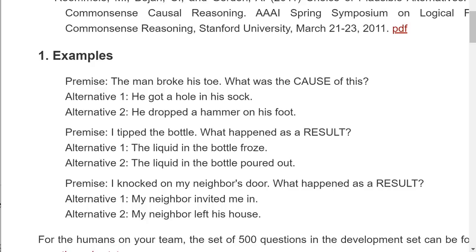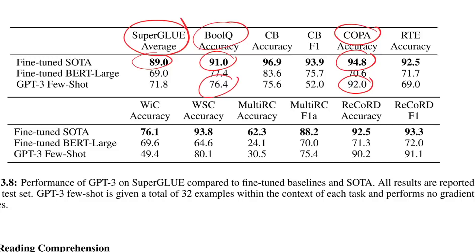It's entirely conceivable that a language model would know this, and with enough training data could pull from the training data examples where hammer on foot and broke toe appear a bunch of times, and hole in sock would be rather unrelated. So as long as these questions are not too adversarial, constructed specifically so that a language model can't solve them, the model is going to perform pretty well right here, right? So it's very interesting to see that if you view this as interpolating the training data, it suddenly makes sense where it's good and where it isn't good.